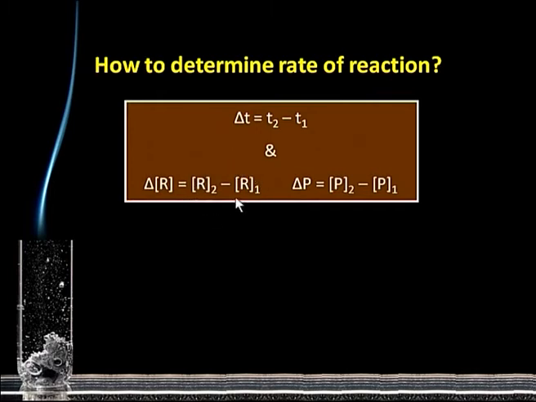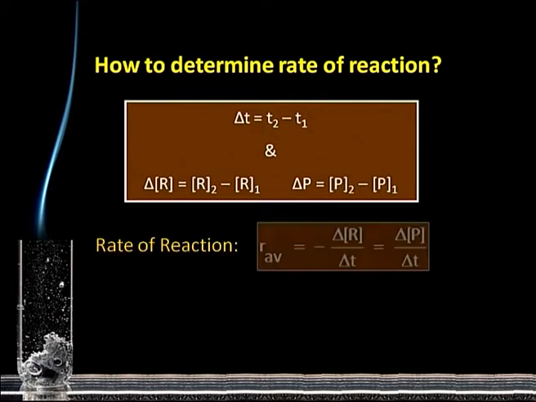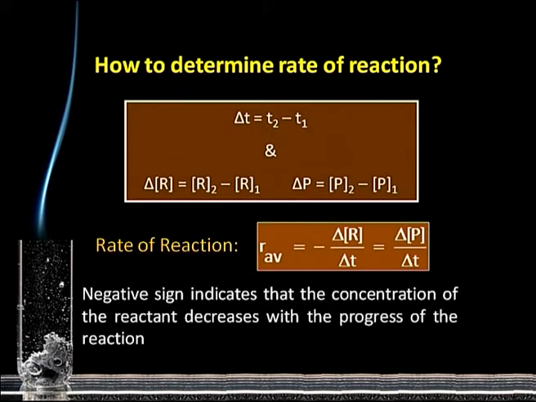We get, say, R2 minus R1 if we choose the reactant to monitor the progress of the reaction, or if we look at the product concentration, it becomes P2 minus P1. The rate of reaction can be written as rate = −ΔR/Δt = ΔP/Δt. Delta stands for the difference in concentration in the numerator, and here in the denominator, the difference in time.